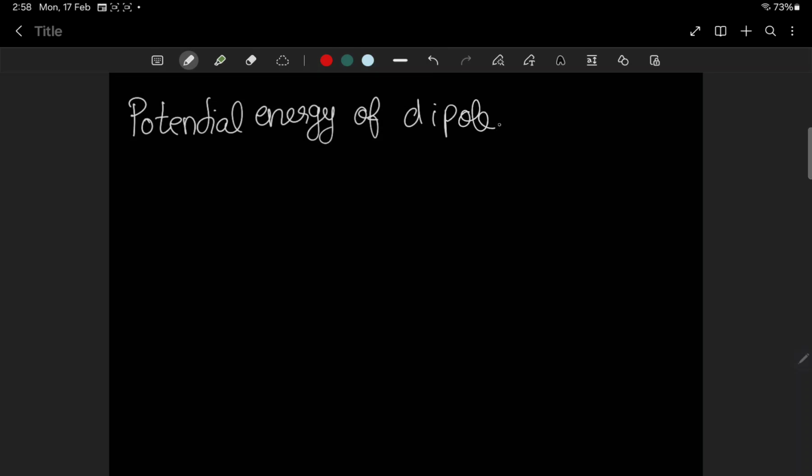Now what we are going to learn is the potential energy of a dipole. Don't forget energy. Potential energy is not potential. Potential energy of a dipole in an external electric field.